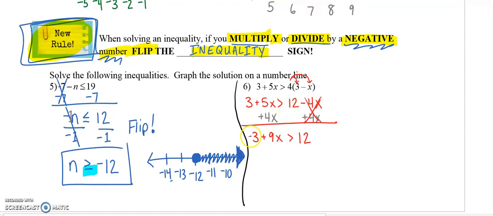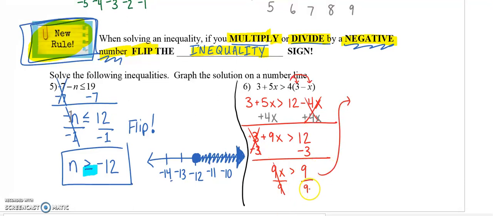I'm going to get rid of this positive 3 by subtracting it. 9x is greater than 12 minus 3, that's 9. And then I'm going to divide by 9. Now, am I dividing by a negative number? No, 9's positive, so I don't have to flip the sign at all. What's 9 divided by 9? I know that's 1, so x is greater than 1.